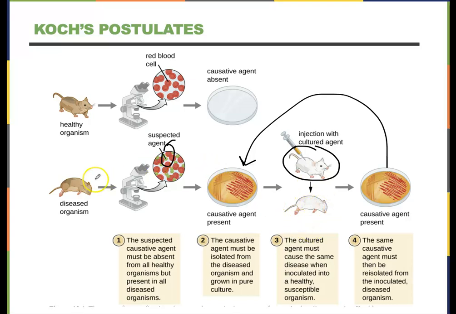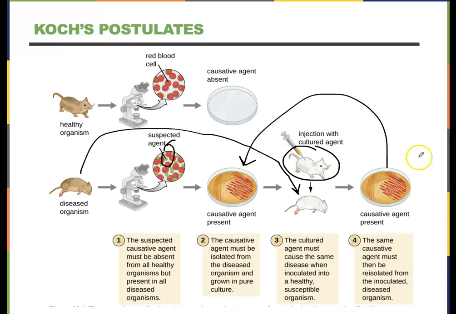And he also showed that the disease organism, the first one and the second one, had basically identical symptoms, and that the disease must have been the same causative agent that was inoculated, taken from the culture here, and we have the causative agent.